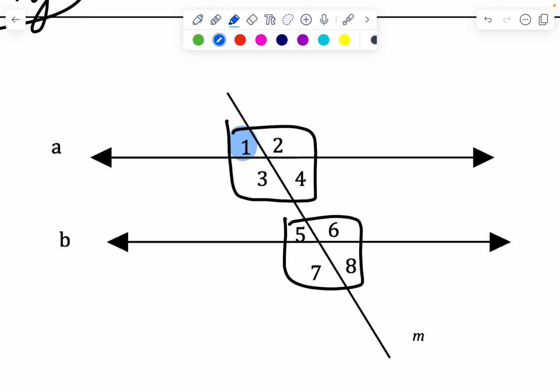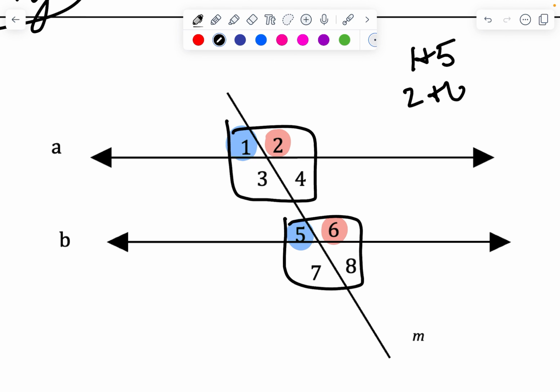Okay, angle 1 here is in the top left-hand side of that box. So the angle that's in the top left-hand side in the bottom box would be angle 5. So angle 1 and angle 5 are corresponding. Okay, angle 2 is in the same position as angle 6. They're both in that top right section of the box.